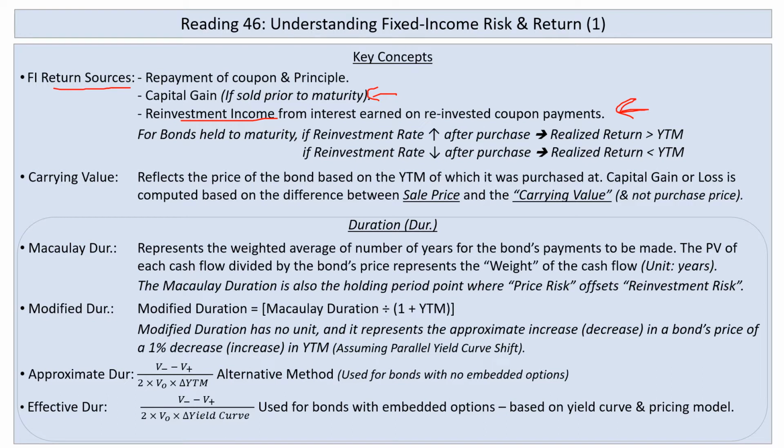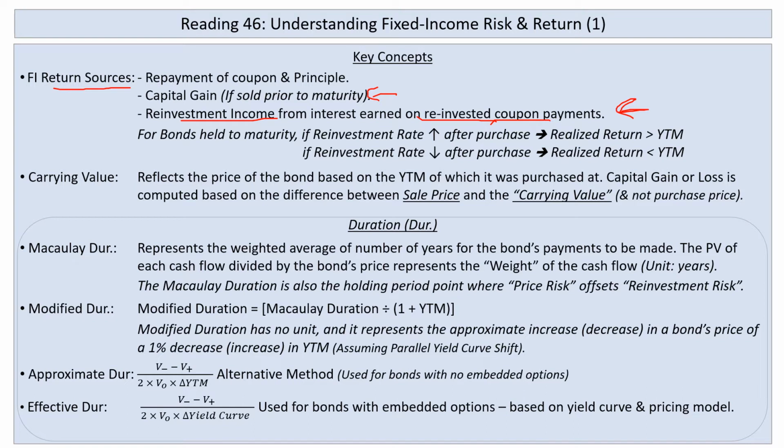So if YTM remains constant at 7% during the entire life of the bond and the investor holds the bond till maturity, any reinvestment income would be generated at 7%. Coupons have to be reinvested in order to generate a certain YTM.